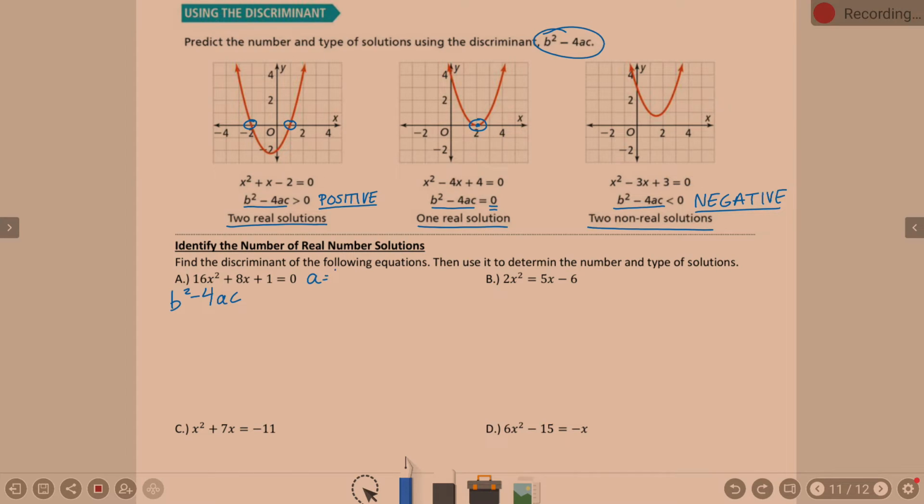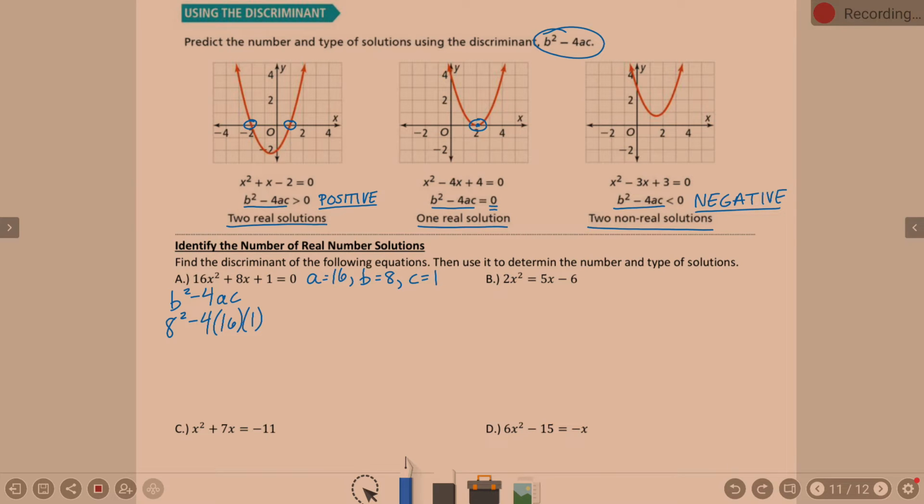A is 16. It's in front of x squared. B is 8. It's in front of x. And C is 1. And just like yesterday, before we get our ABCs, our equation is going to have to equal 0. So, do the math here. B squared, so 8 squared, minus 4 times A is 16 times C is 1.